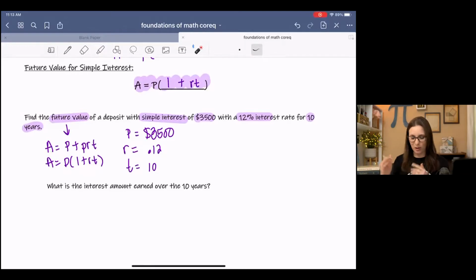Isn't that cool? So the longer you leave it in there, the more interest you're going to have on your principal amount because it's gaining interest each year that it's sitting there. And then even further than that, compounding interest, it's growing exponentially because after the first year you have an amount, and the next time it compounds, the interest is based on that new amount.